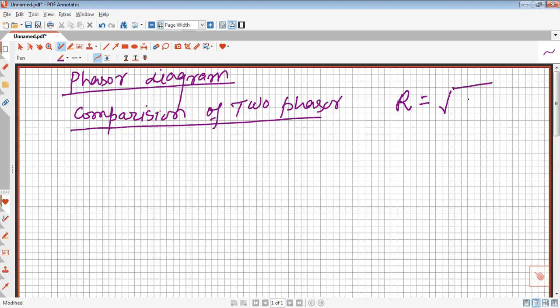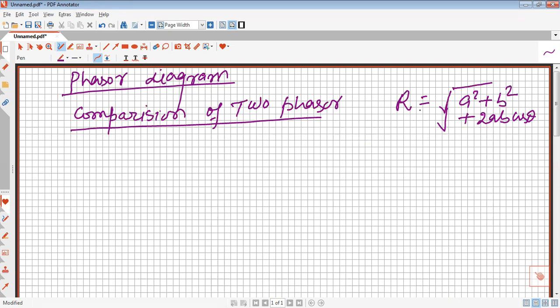The resultant of two vectors is equal to a square plus b square plus 2ab cos theta. The same thing we will also apply for a phasor, but why is it called a phasor, not a vector? The basic reason: a phasor also has a magnitude, and a phasor also has direction.